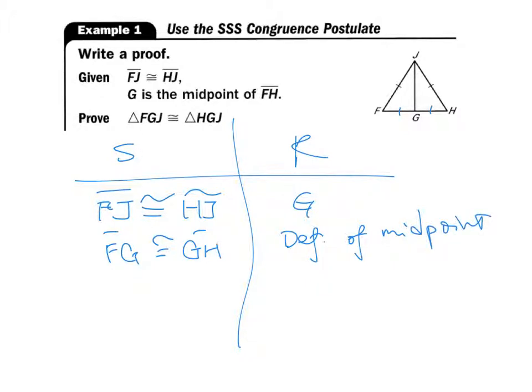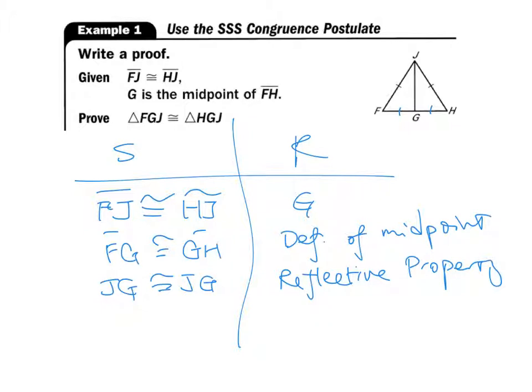And I also know that JG is congruent to JG, and that's the reflexive property. And so now I have three sides that are all congruent. I can draw the conclusion that the first triangle, FGJ, is congruent to the second triangle, HGJ. And that's my side-side-side congruence postulate.